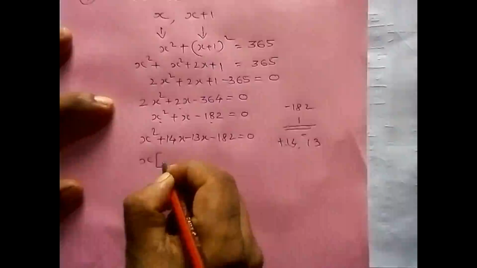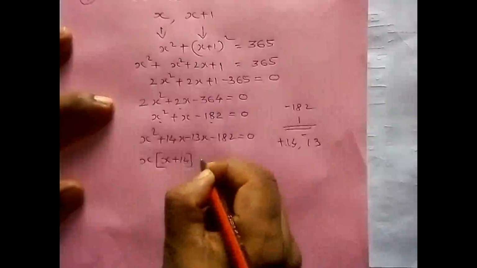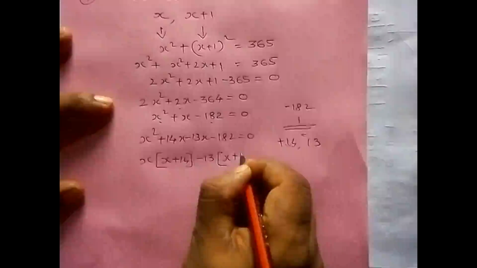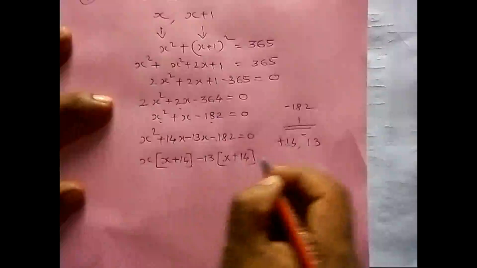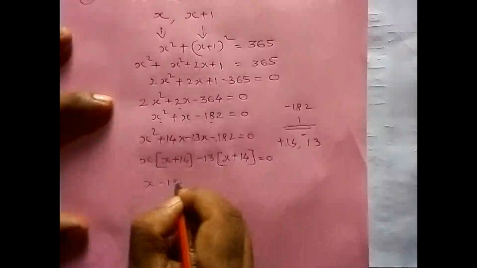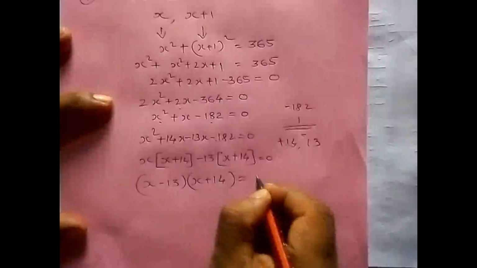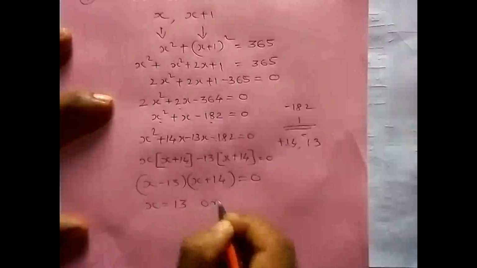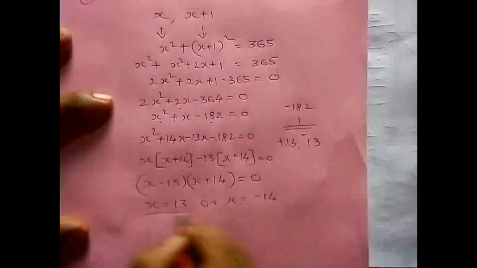I can take x outside: x into (x plus 14) minus 13 into (x plus 14). Minus is taken outside so that this will become plus, equal to 0. That is (x minus 13) into (x plus 14) equal to 0. That means x is equal to 13 or x is equal to minus 14.